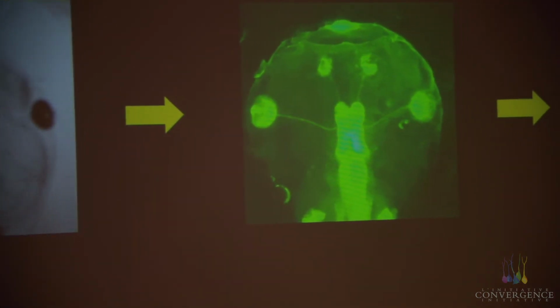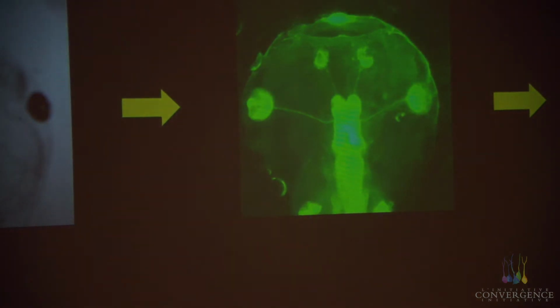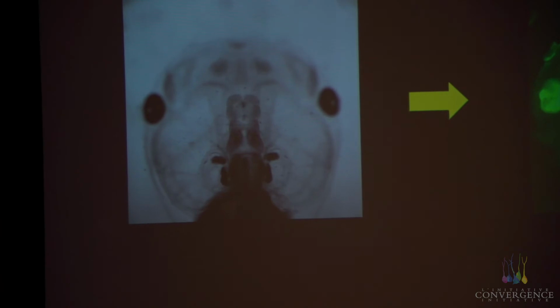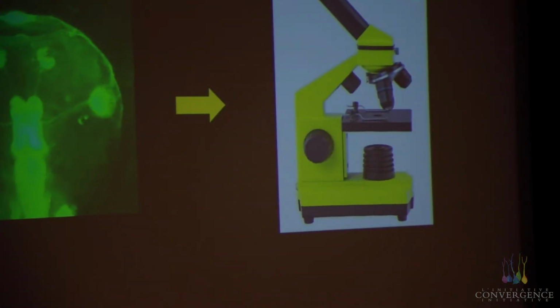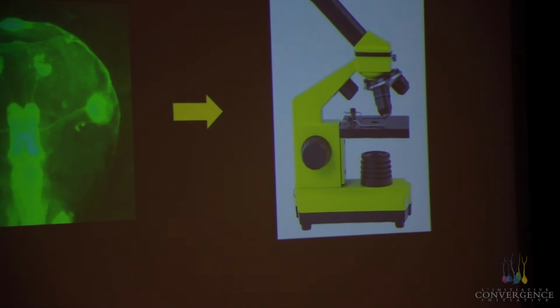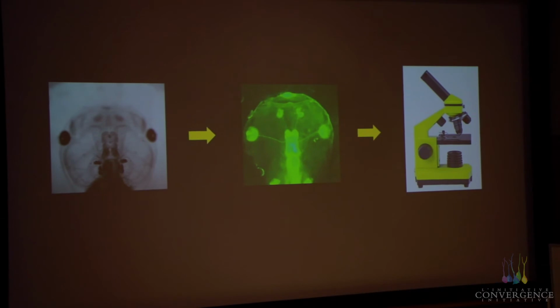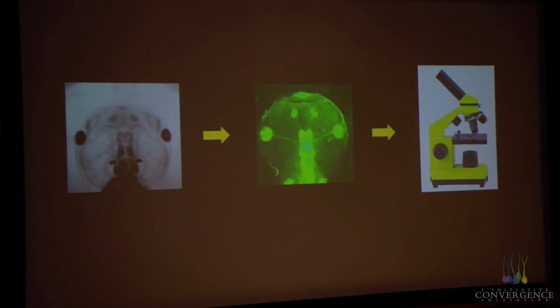We express a kind of fluorescent protein called GCaMP in these animals. Basically, it glows green whenever there's calcium influx, and that's an indication of neural activity. So when a neuron lights up, we know that it's active, and we can use that to see when the neurons are responding to visual stimuli.